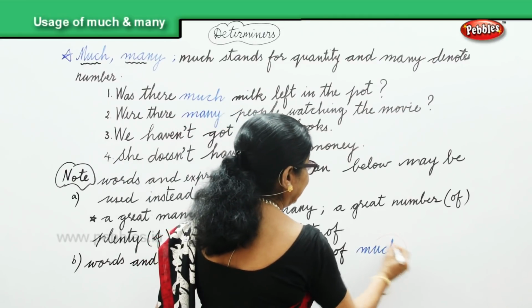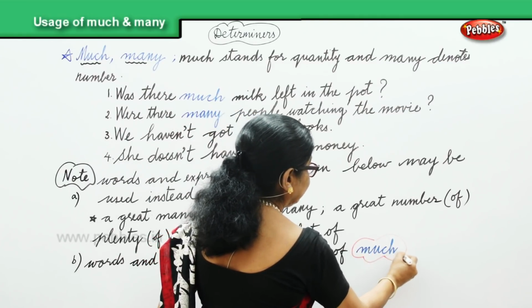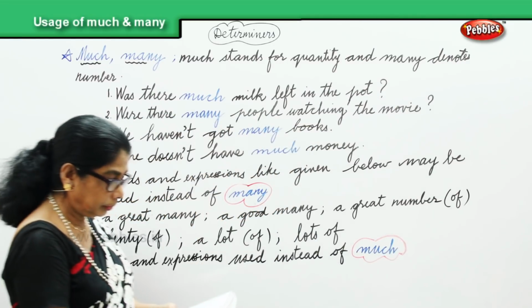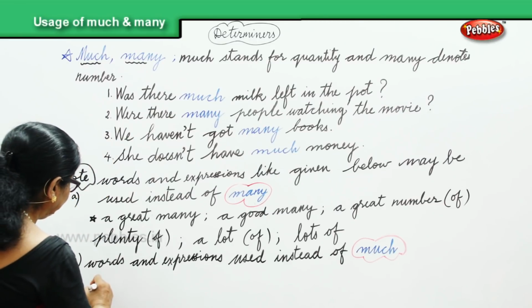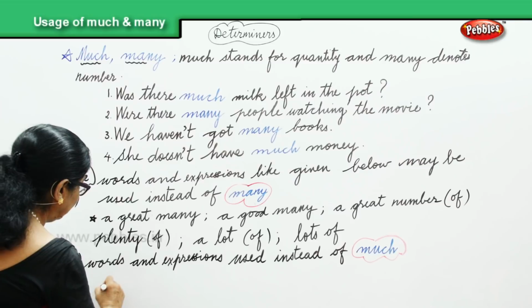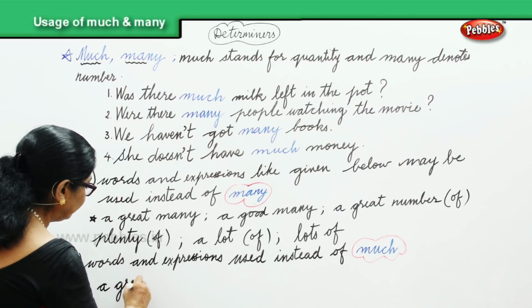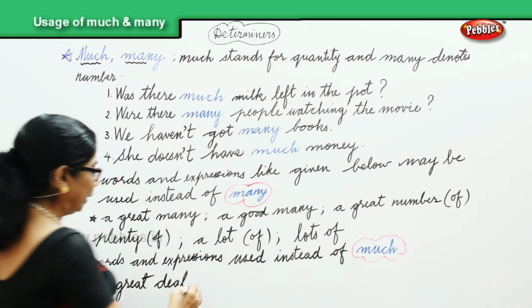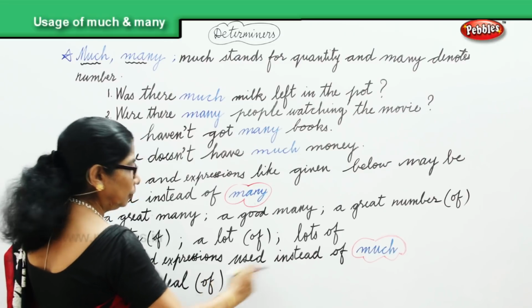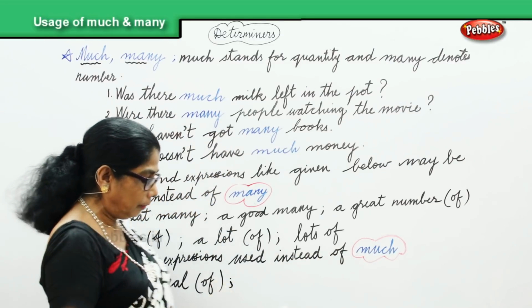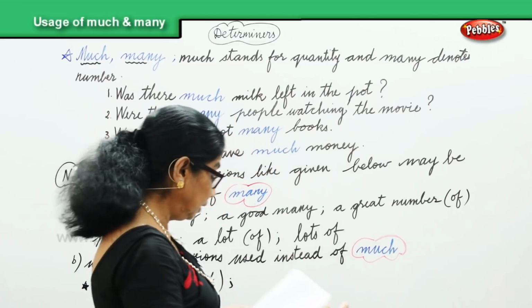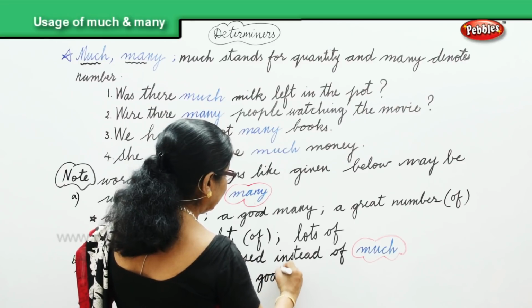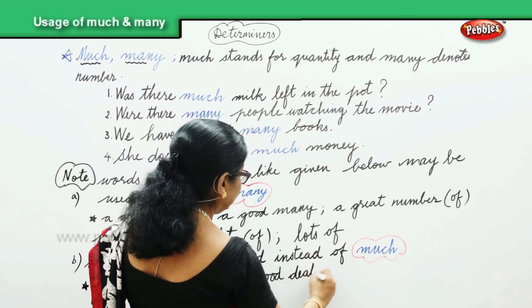So, instead of saying much, we use words like a great deal of. Then we have a good deal of.